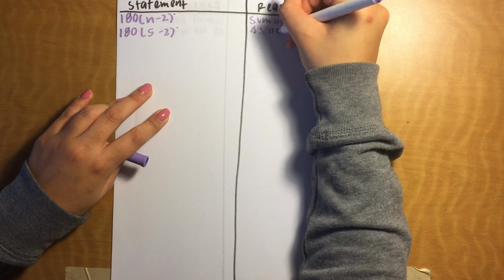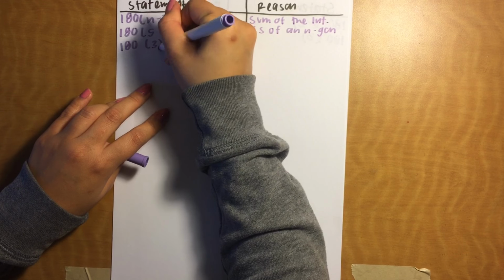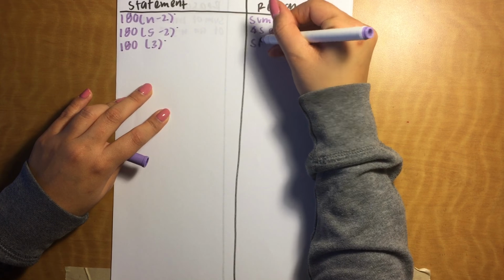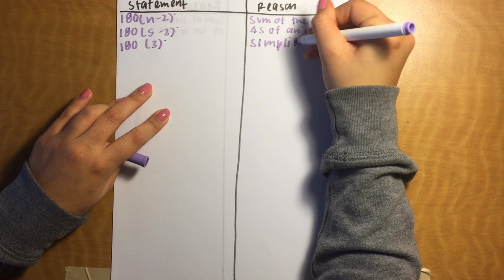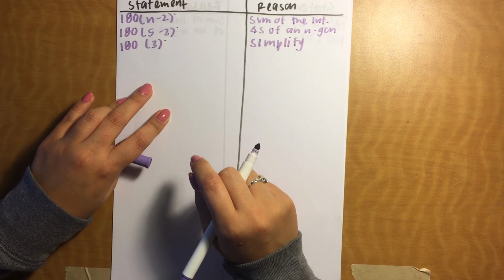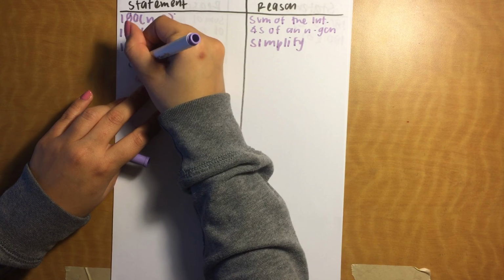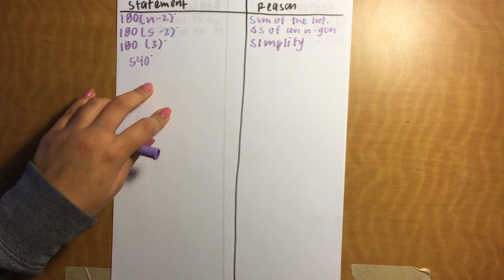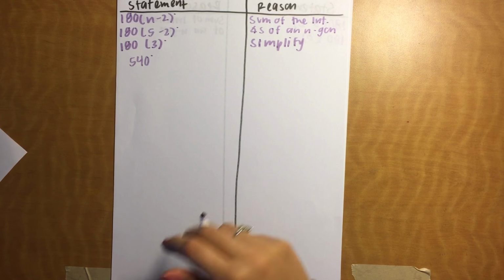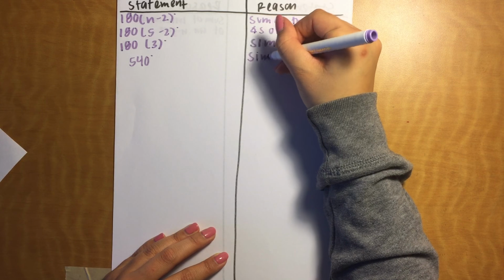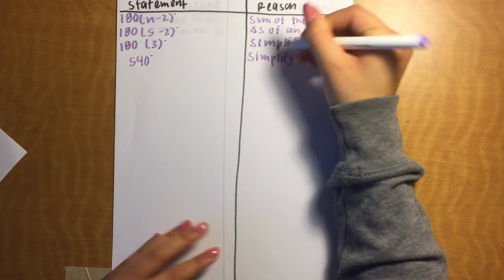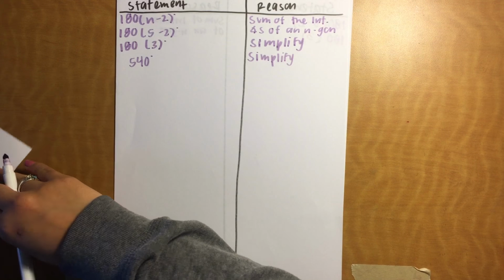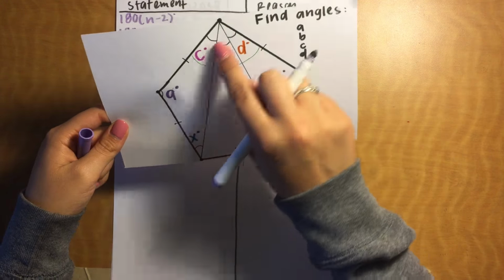So then that'll be 180 times 3. That's just simplifying. And then 180 times 3 is 540 degrees. Okay, so now we know that all of these angles added up is 540 degrees.